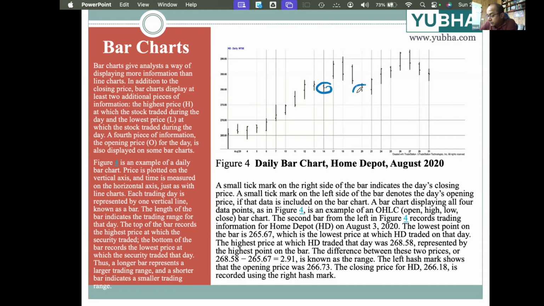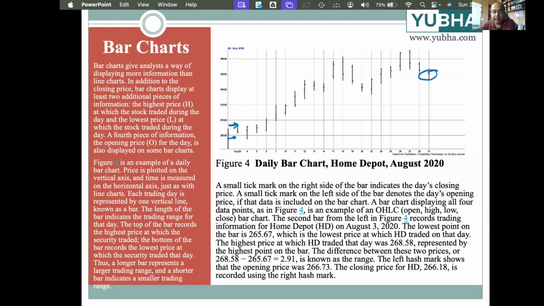Over here, the open and close are nearly at the same level. The left tick and the right tick are exactly matching each other. Similarly over here, the left and right tick are very close to each other, even though the prices moved much higher and went a little bit lower, but the open and close are at the same place.